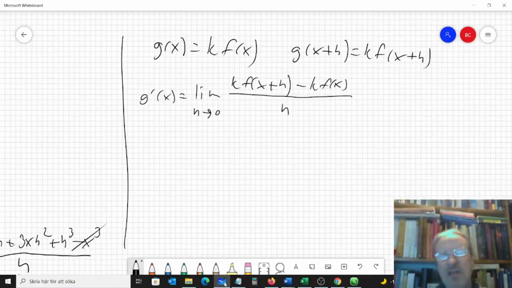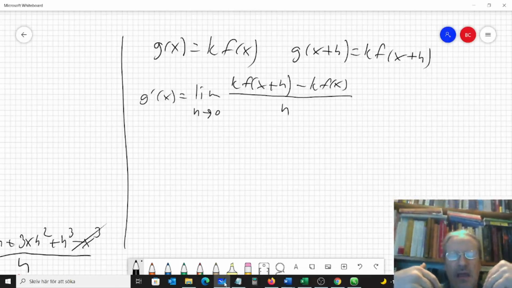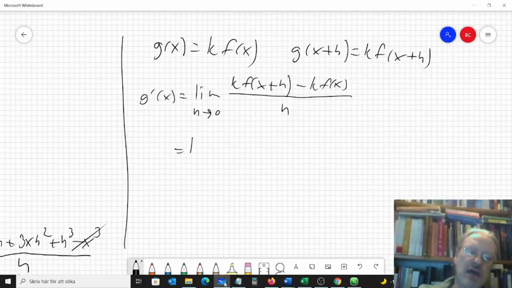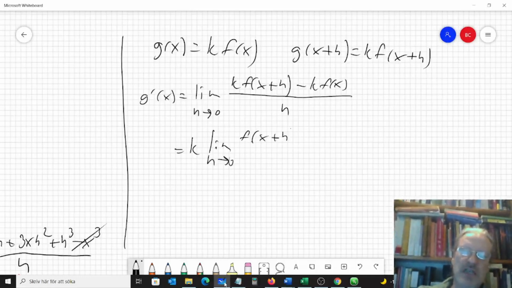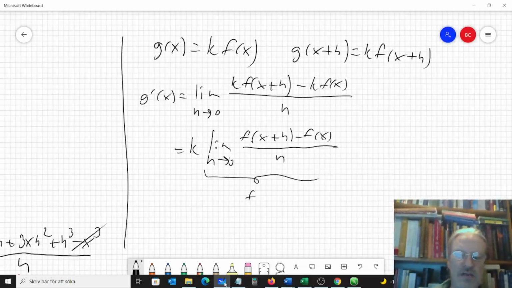But here we can see that we have a constant k that isn't influenced by h, so we can factorize that out and actually put it before the limit. So we get a constant times a limit as h goes to 0 of f of x plus h minus f of x over h. But this thing here is nothing else than f prime of x.